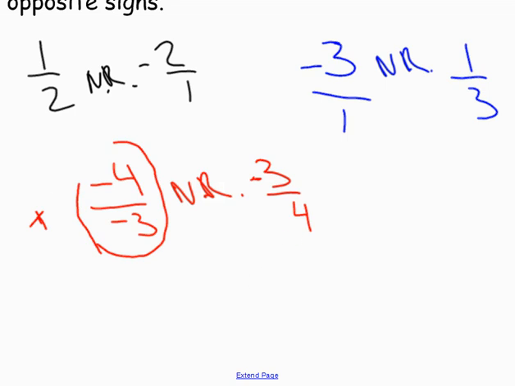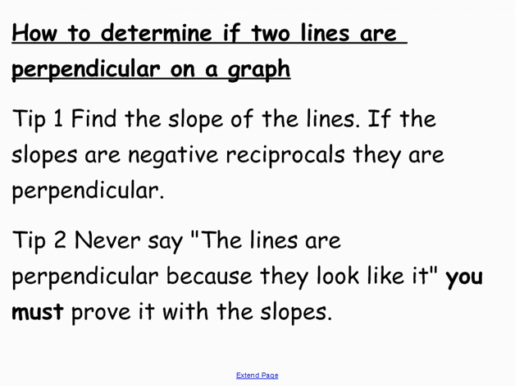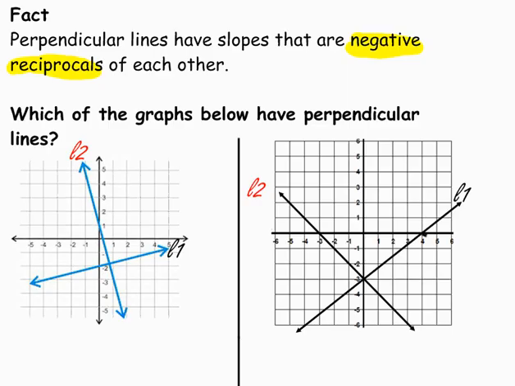Okay, so how do you determine if two lines are perpendicular on a graph? Here are 2 tips. Write them down. Okay, let's try an example. Here the question says, which of the graphs below have perpendicular lines?